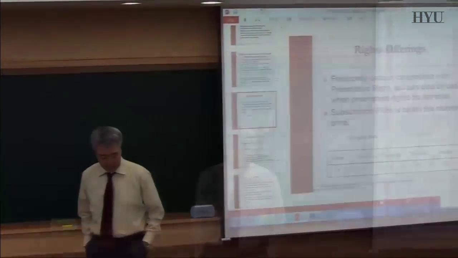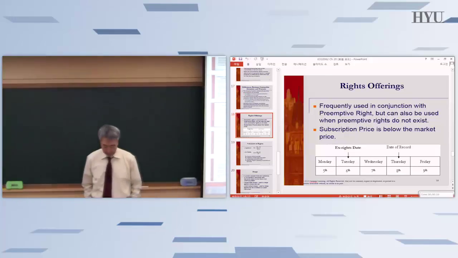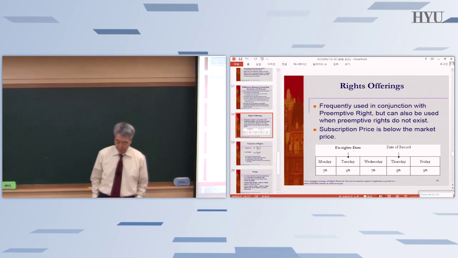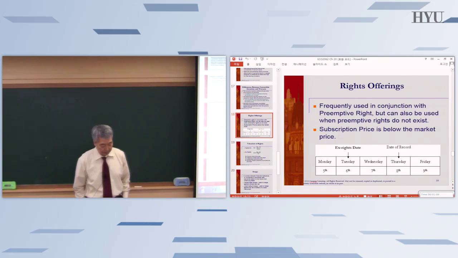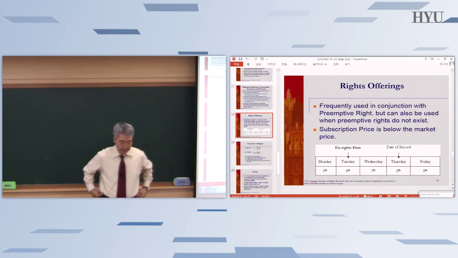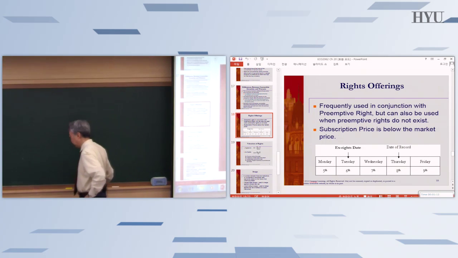So rights are, again, the options given to existing shareholders. It's also called the first right of refusal.